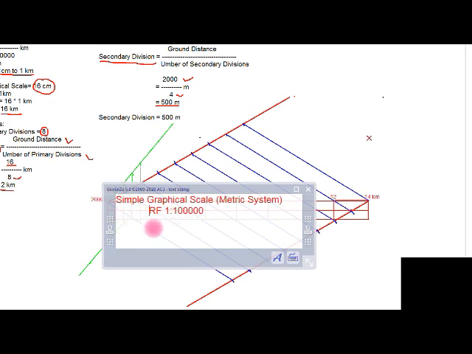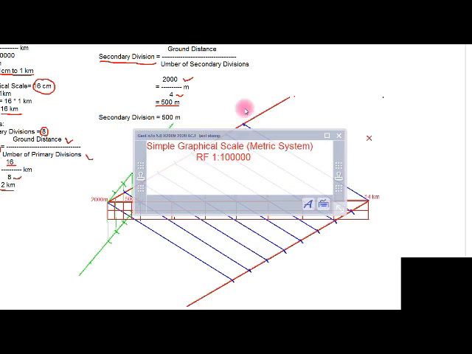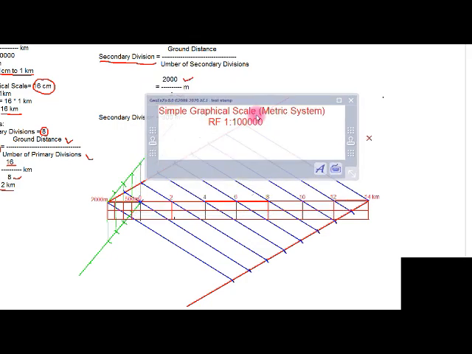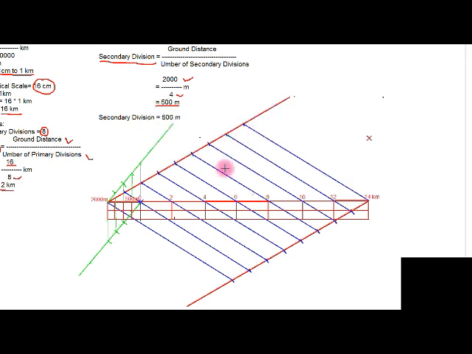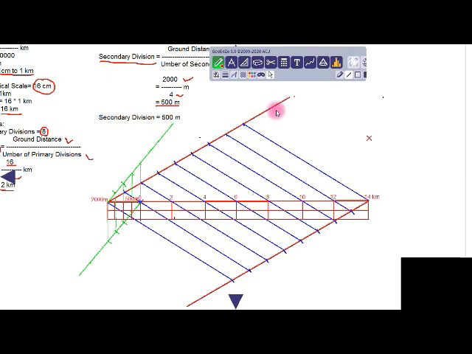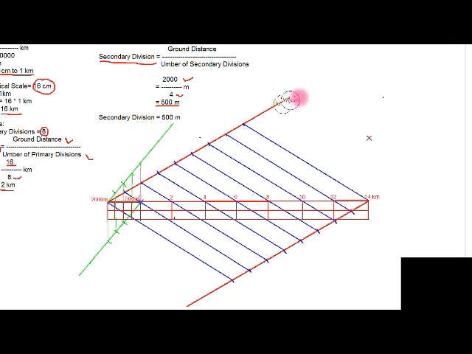Okay, that you must know, and we have to put it at the center of this graphical scale as a title, and then your graphical scale will be ready. Okay, so I just have to erase these extra things, so we will have some extra space.